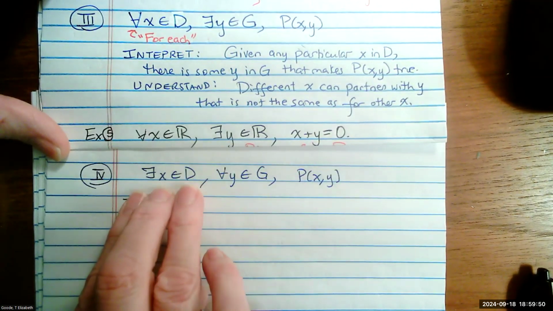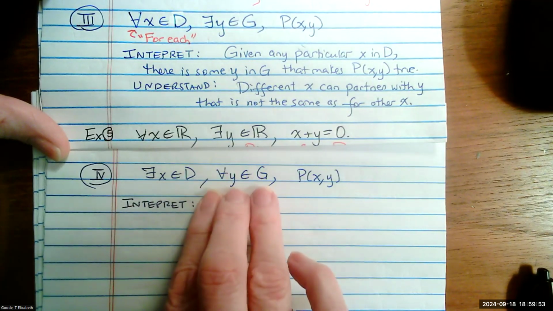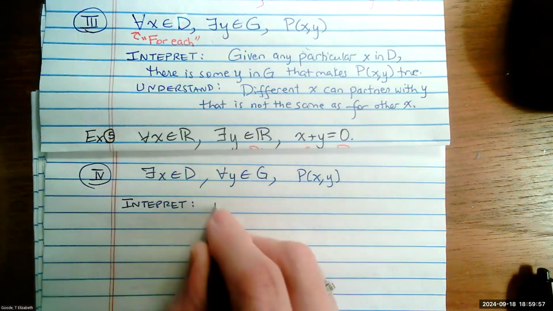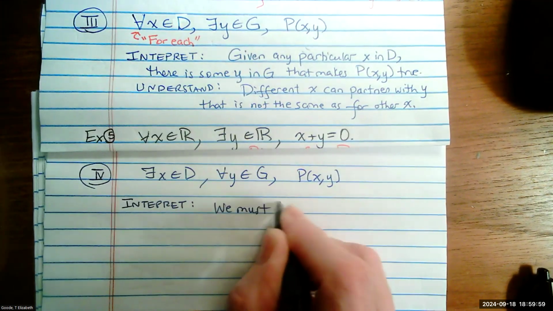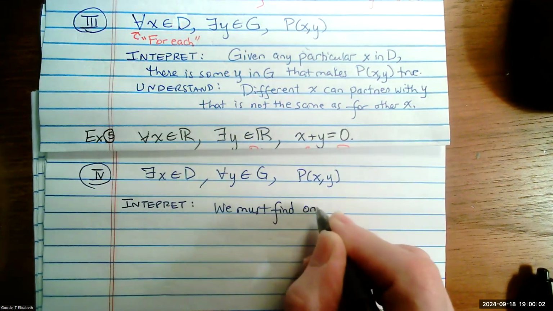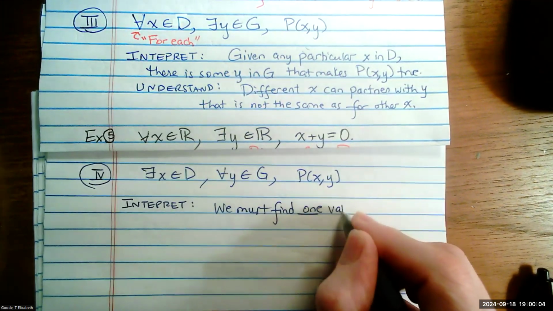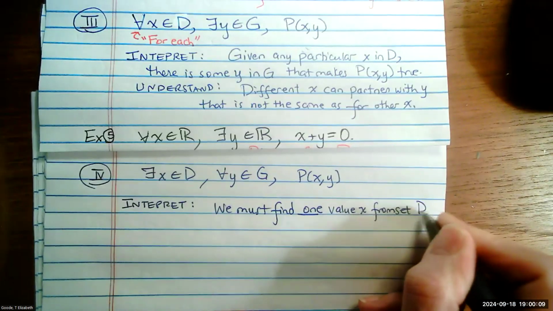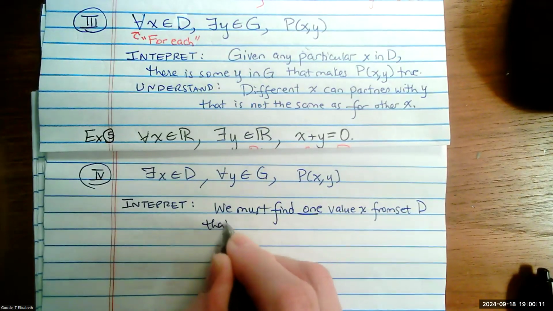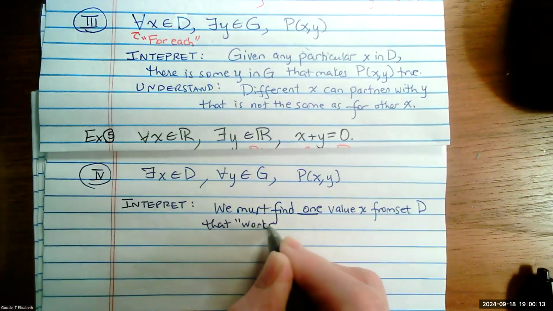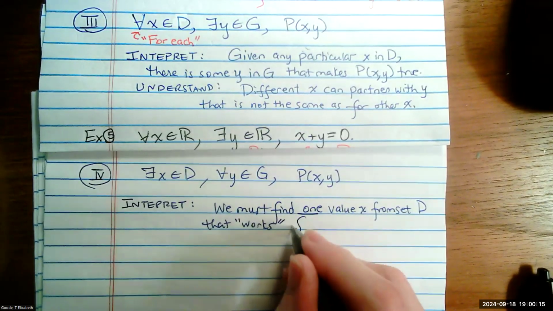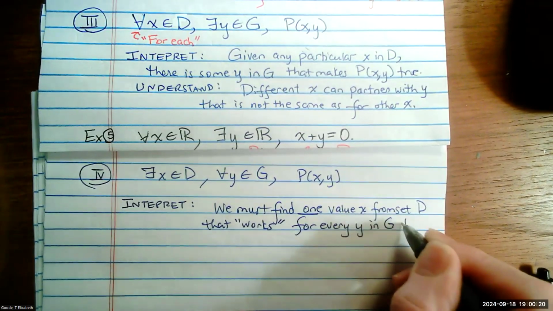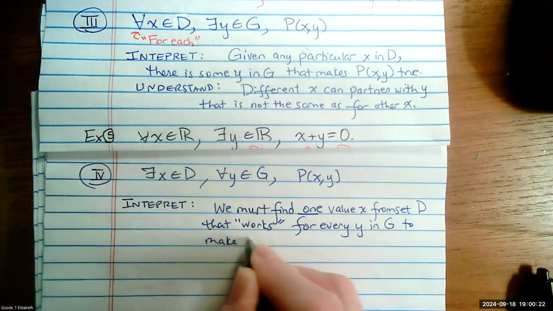But for there exists an x in D such that for all y in G, P of xy means we must find one value x from set D that works for every y in G to make P of xy true.